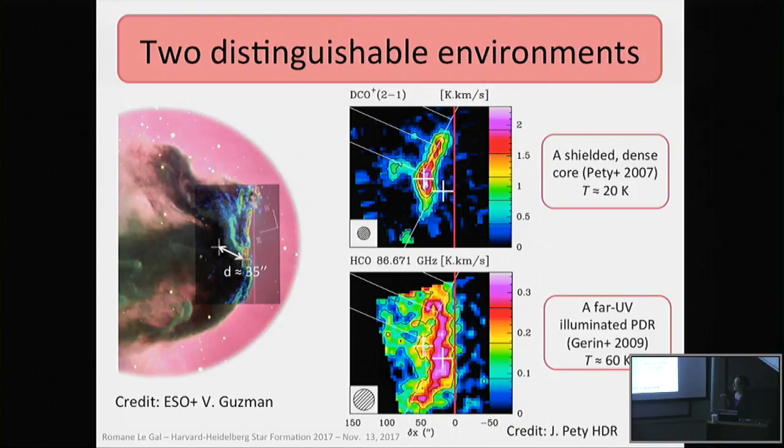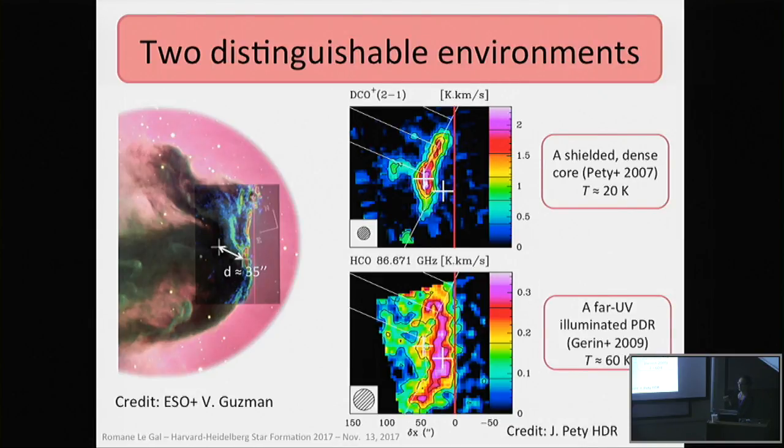And so this meant that the Orion Bar is probably a good opportunity to study the transition from a warm gas, where photodissociation processes and photoelectric heating can occur, to a denser and shielded gas, where high deuterium fractionation is taking place.